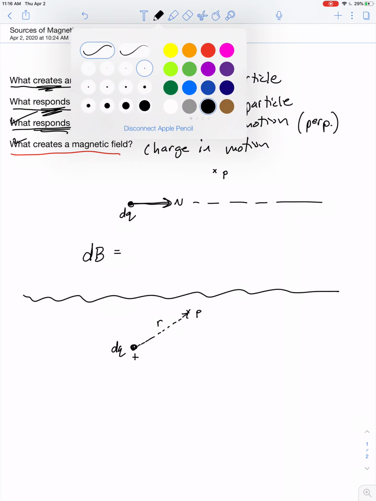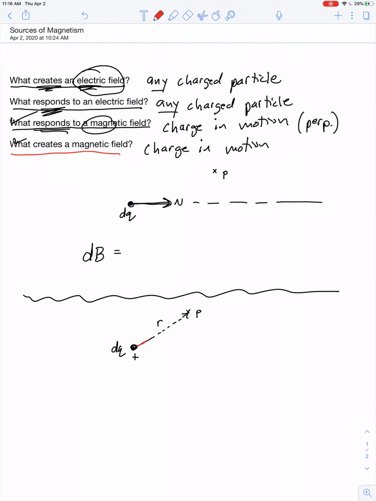And then I make note that along that line, I can make a line that's just 1 unit long. Then I would call that r hat. How do we find the electric field at point P? Well, the little bit of electric field you get due to having a little bit of charge is equal to what?